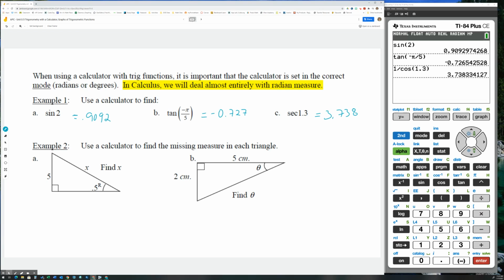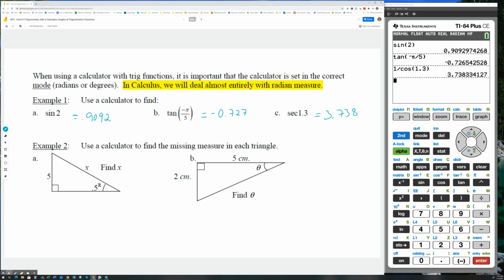Now, for example 2, we're going to use our calculator for this as well. This is a little more involved in that we need to set up the relationship between that angle and the sides of the triangle. In example 2a, we've been given a triangle with an angle of 0.5 radians, with an opposite side of 5, and we're trying to find the hypotenuse.